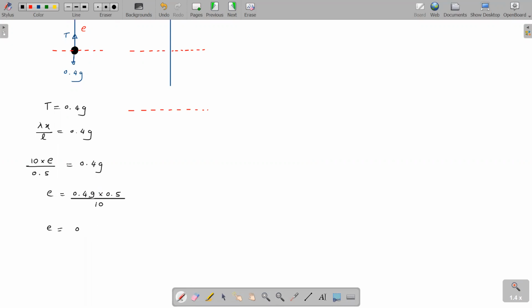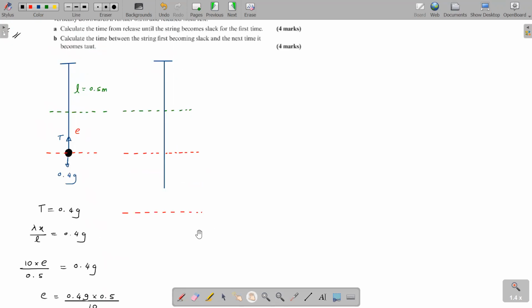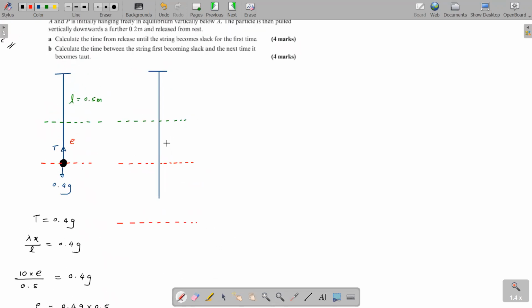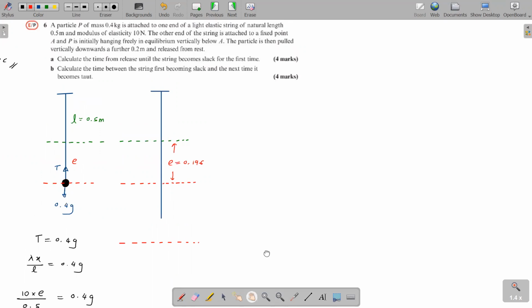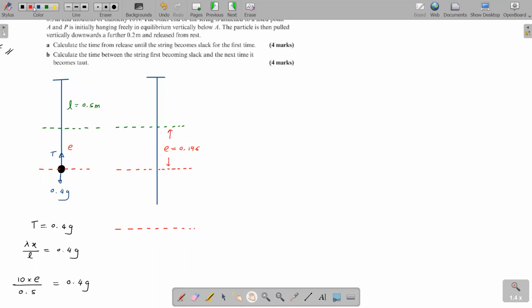So I think guys, you can see the E value is 0.196. And you can see that the distance that you are pulling below the equilibrium position is 0.2 meters. Guys, can you see? So the amplitude is 0.2 meter, and you can clearly see it is a larger value. Okay, so the amplitude is comparatively larger.